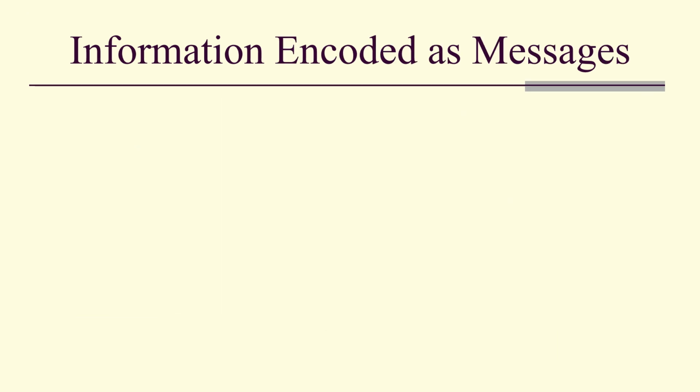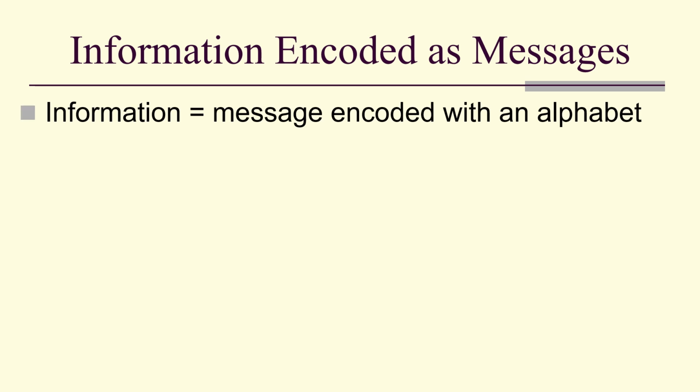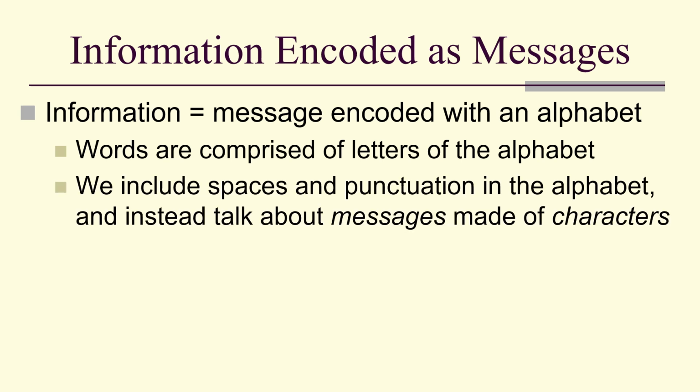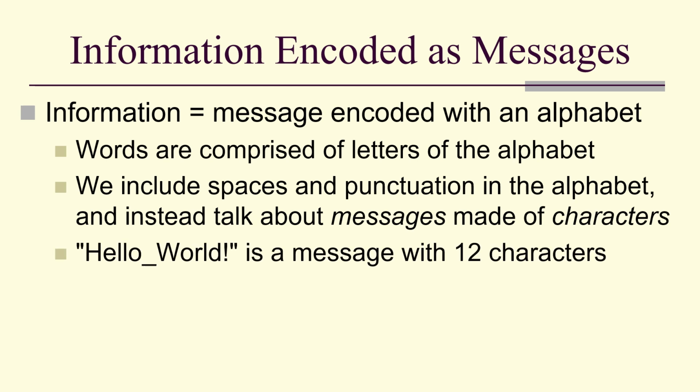So that means we can encode information as messages. Message encoded with an alphabet. Words are comprised of letters of the alphabet. We include spaces and punctuation and instead talk about messages made out of characters. Hello world is a message with 12 characters. The space being denoted by the underline there is actually a character.